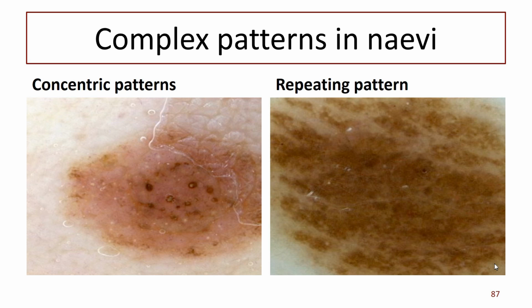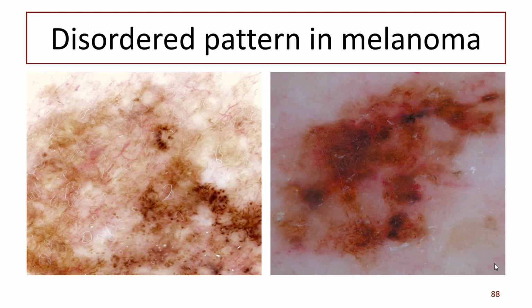This one's a repeating pattern again. Oh, it's a sudden change, isn't it? Do you see how the pattern is lost? It's no longer nice and symmetrical in either of these two lesions. And you can see that immediately. It suddenly strikes you, gosh, where's the pattern gone? And that's because this is cancer. And cancer doesn't follow the rules.